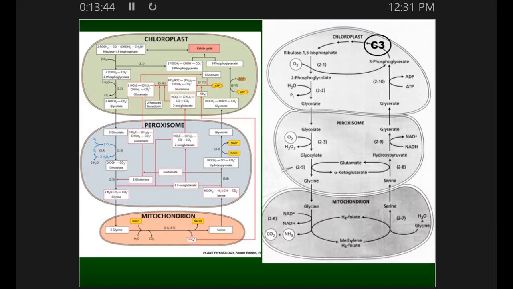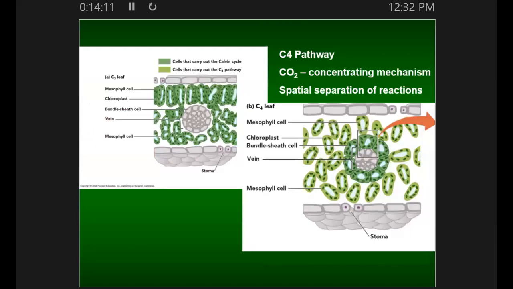So those plants are in even more dire conditions, where if they keep closing their stomata, that's going to force them to run the PCO a lot. Doing this a lot is not good. And so what we find is certain plants have evolved mechanisms. Plants that live especially along the equator, in tropical and subtropical regions, have evolved a pretty slick system called the C4 pathway. The C4 pathway, or the C4 cycle, we call it.